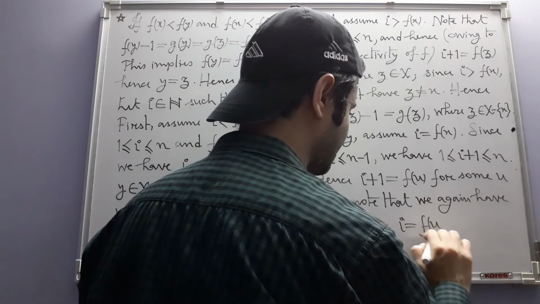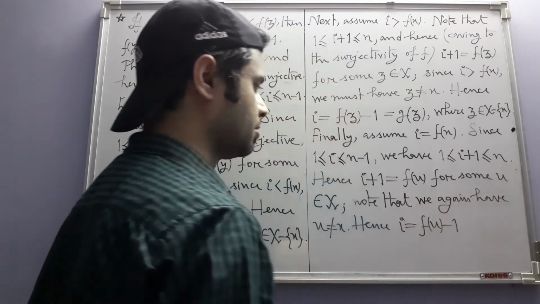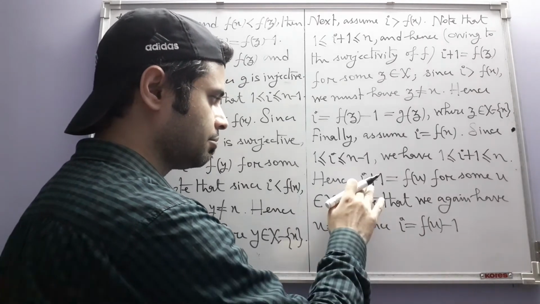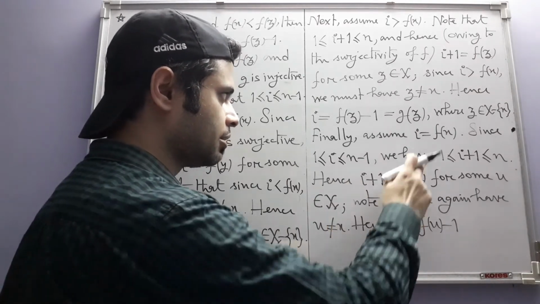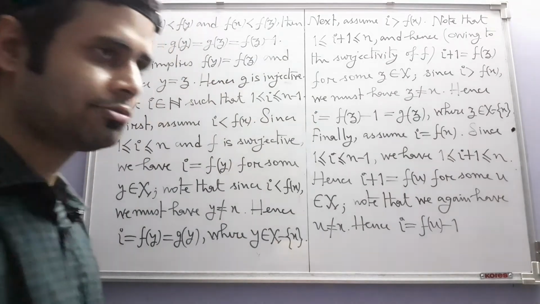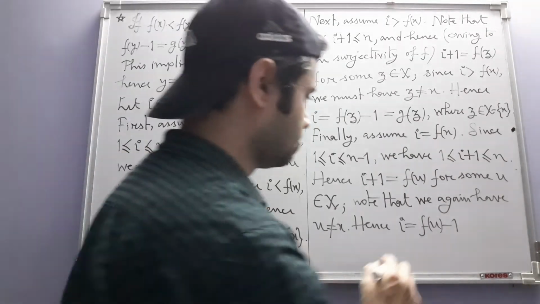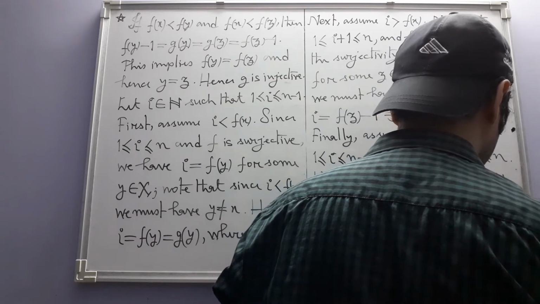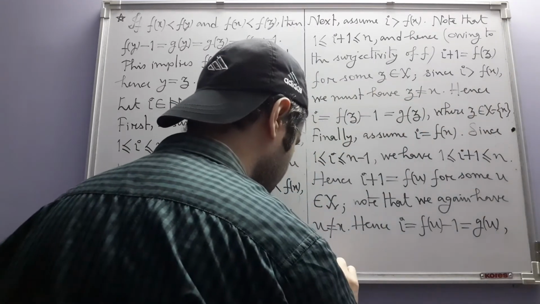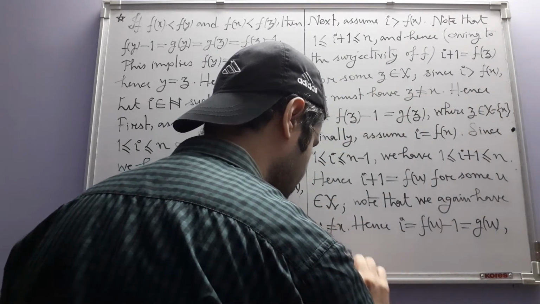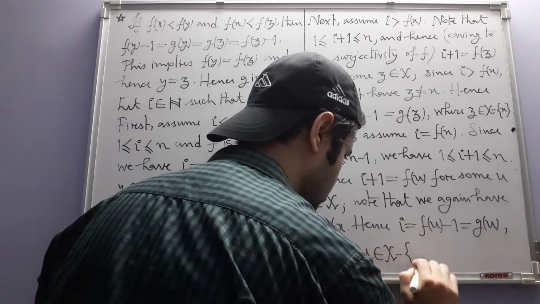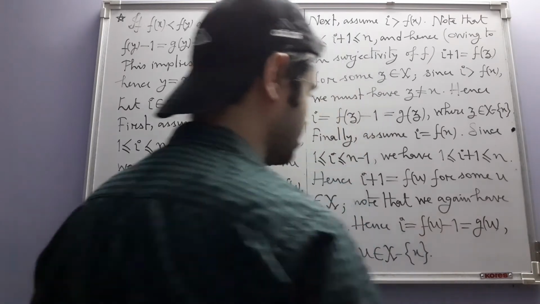I is fu minus 1, where fu is greater than I, definitely, because fu is I plus 1 and I is fx, so fu is greater than fx. So that's why this will be equal to gu, where u belongs to x minus x. So that's it.